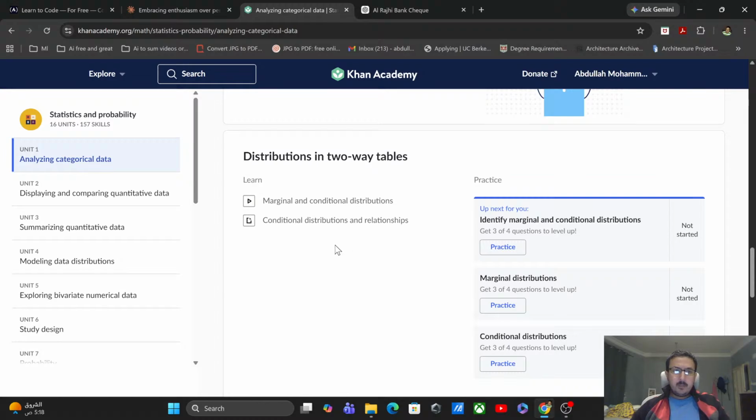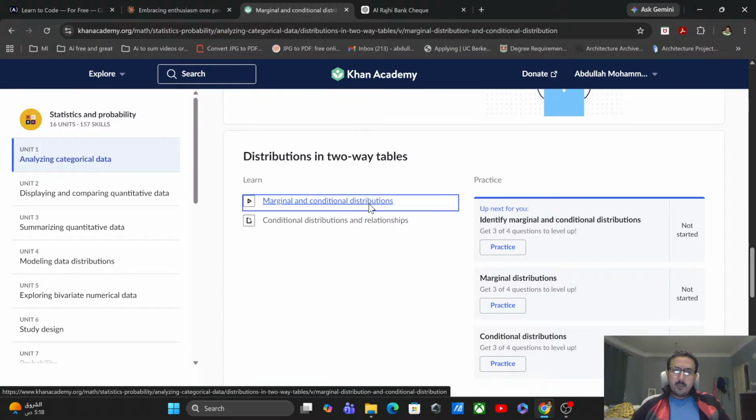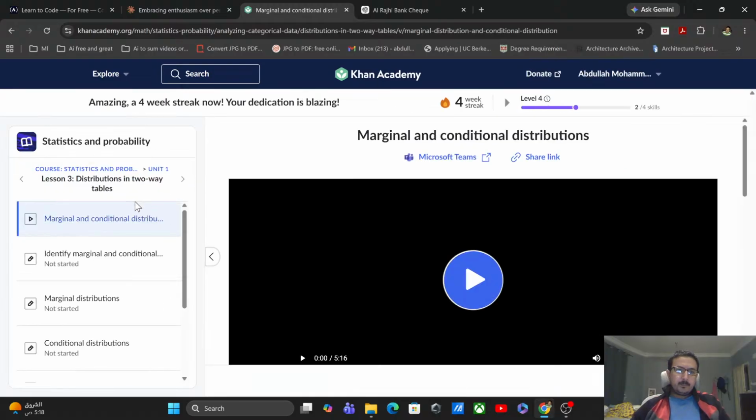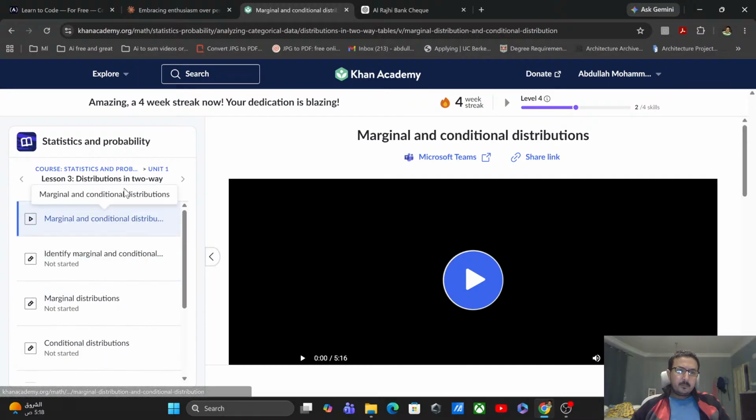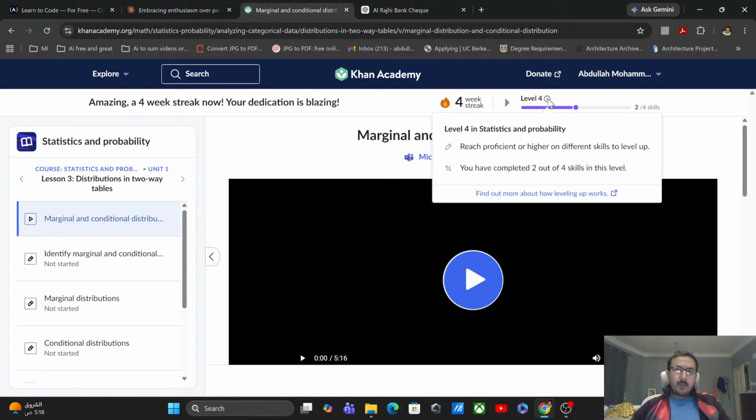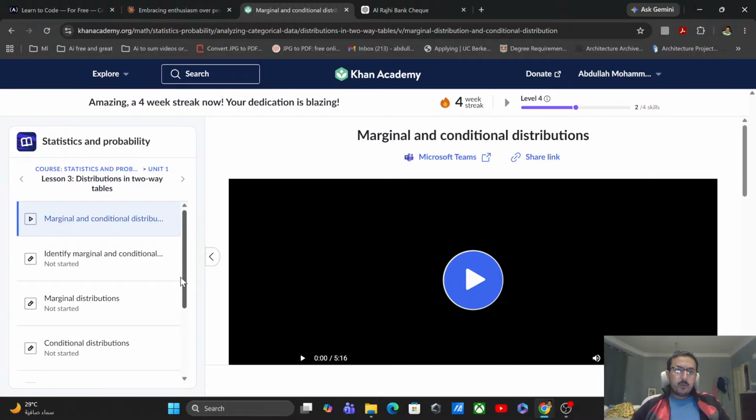Sixteen units, 57 skills. I got 5. We are still at level 4. It said level 5 a while ago. 2 out of 4 skills. What's happening? I don't get this. I honestly don't get it.